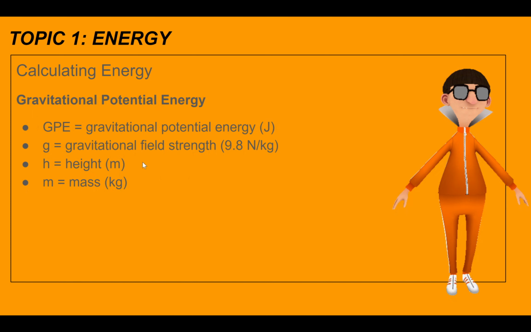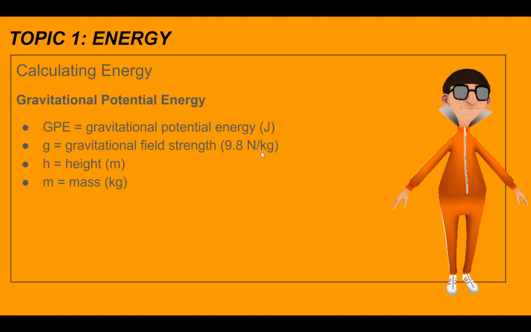Next up, we've got gravitational potential energy. GPE is measured in joules, and gravitational field strength is measured in newtons per kilogram. This is important to know because they might not tell you this.